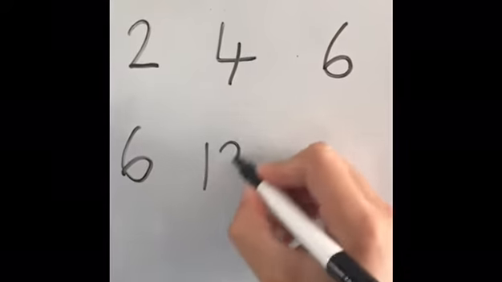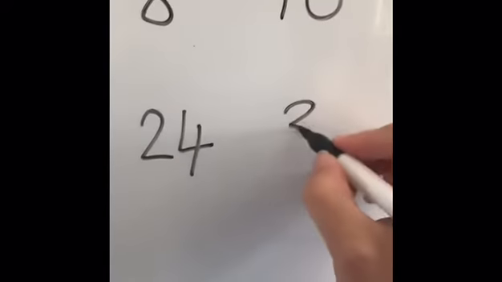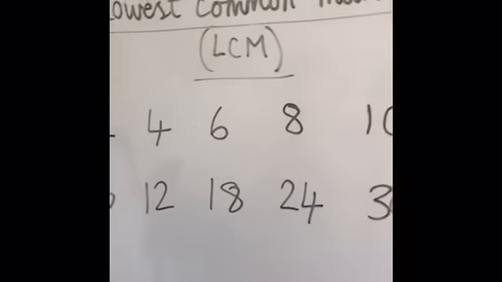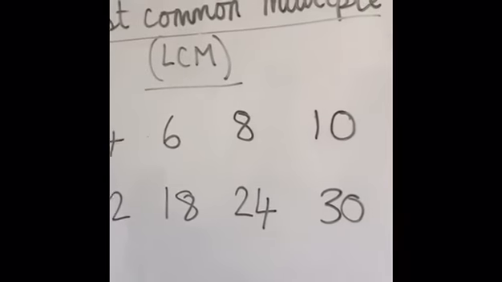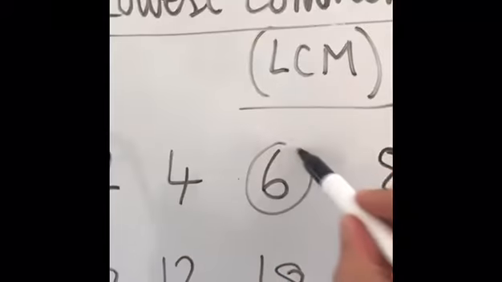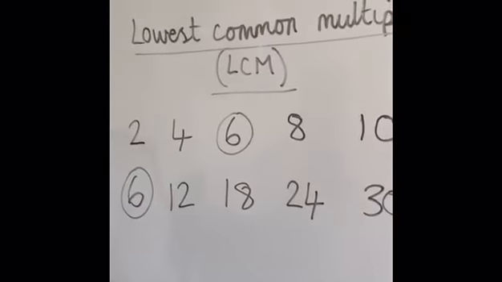I'm going to stop there. Multiples of 6: 6, 12, 18, 24, 30. Then we look at both of those and notice the ones that are common, so they're in both of those times tables. So the answer is number 6. 6 is the lowest common multiple of 2 and 6.